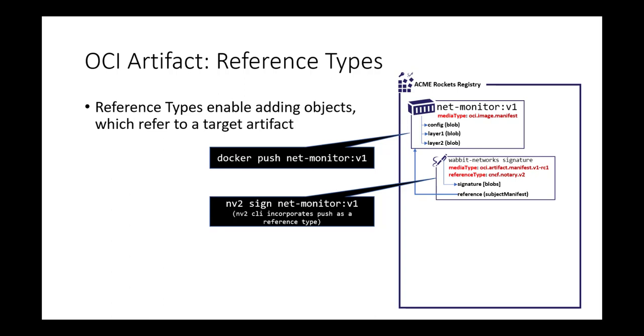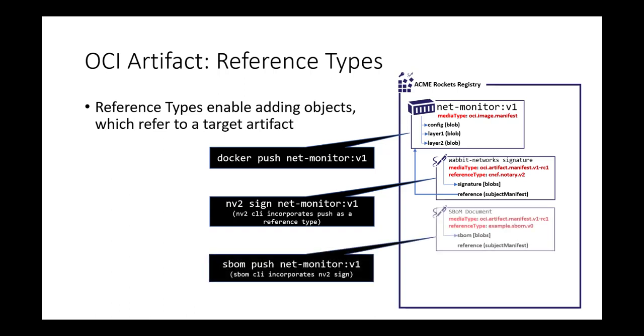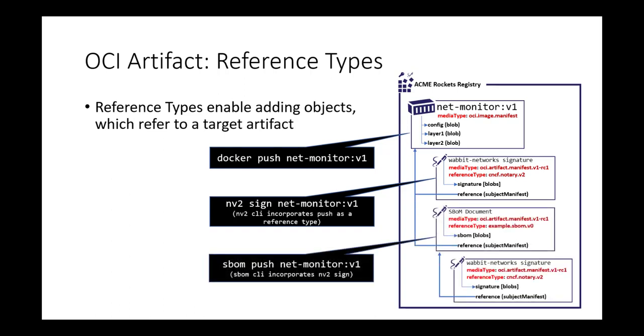I might want to sign that artifact. So what's a signature? It's another piece of content that we could store in a blob, but we want to say this signature is associated with, it references, a subject manifest of the NetMonitor image. This thing is a signature that's associated with another artifact. I might want to push in an SBOM.